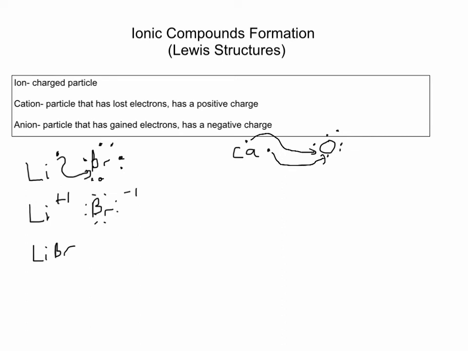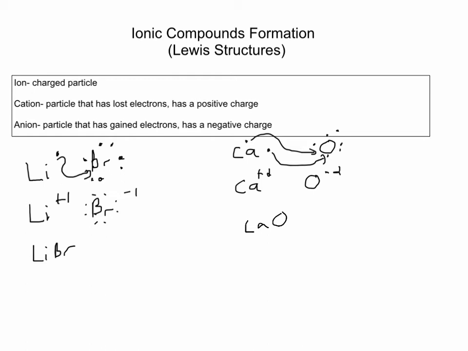And what we end up with is calcium gets a plus 2 charge, as expected from the periodic table. And oxygen gets a minus 2 charge. These charges are opposite in sign but equal in absolute value. So these are going to attract each other and combine into our ionic compound, which is calcium oxide.